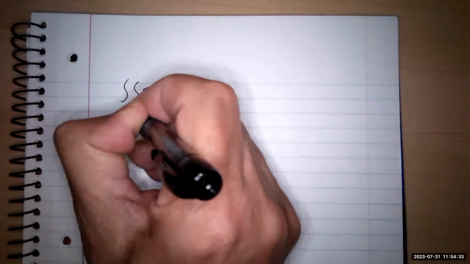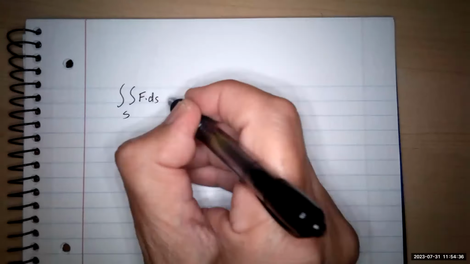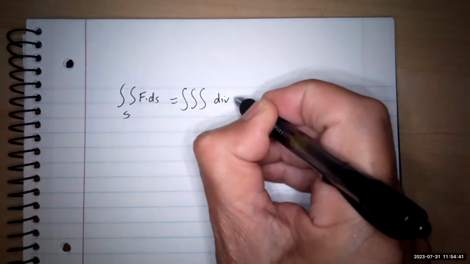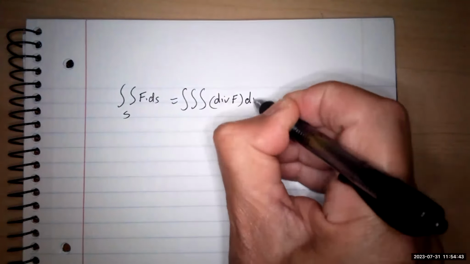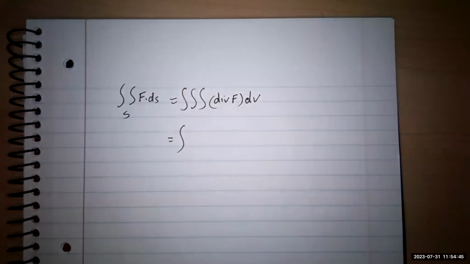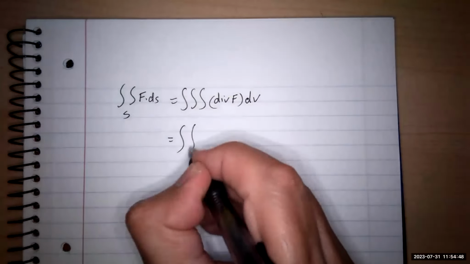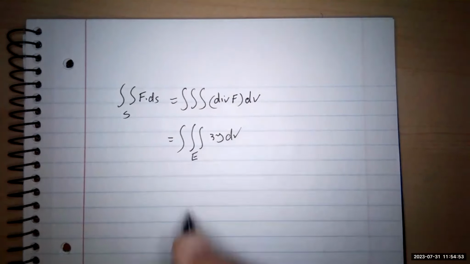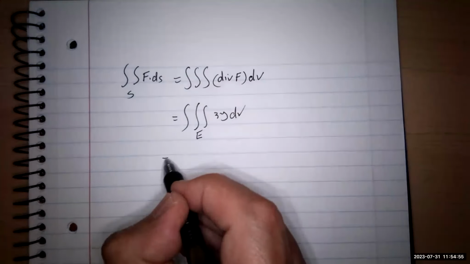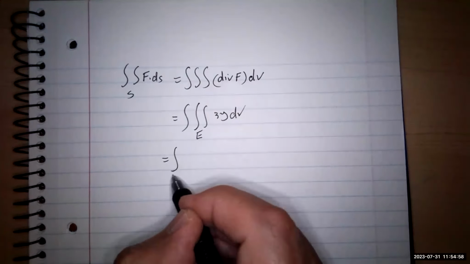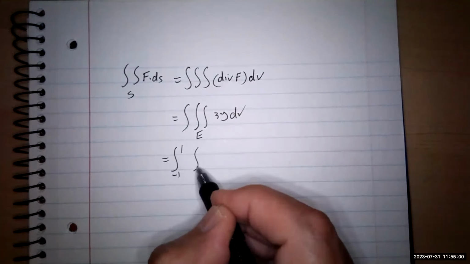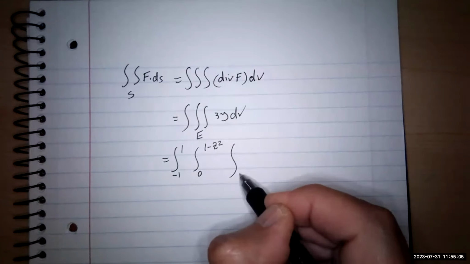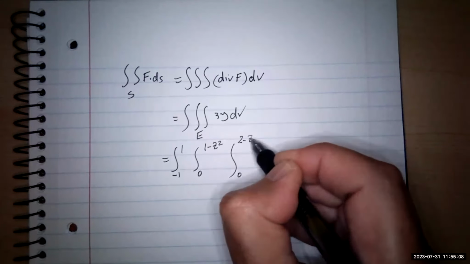So the flux, by the divergence theorem, is equal to the triple integral of the divergence of F. And what is this now? It's going to be the triple integral of 3y dV over E, which is, you see, x from -1 to 1, z from 0 to 1 minus x squared, and y from 0 to 2 minus z.